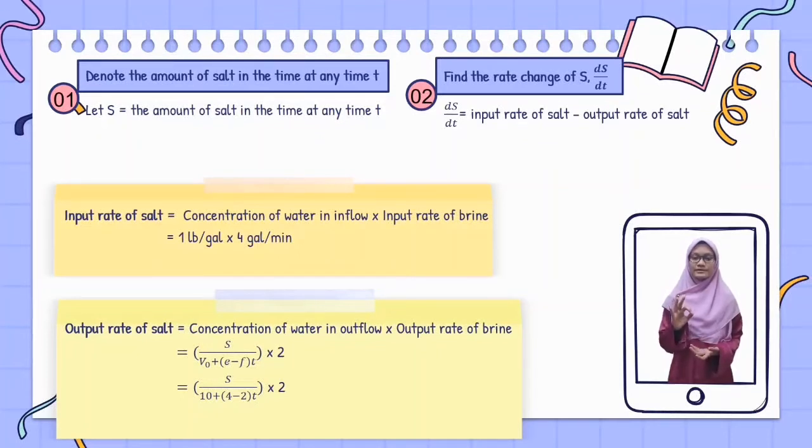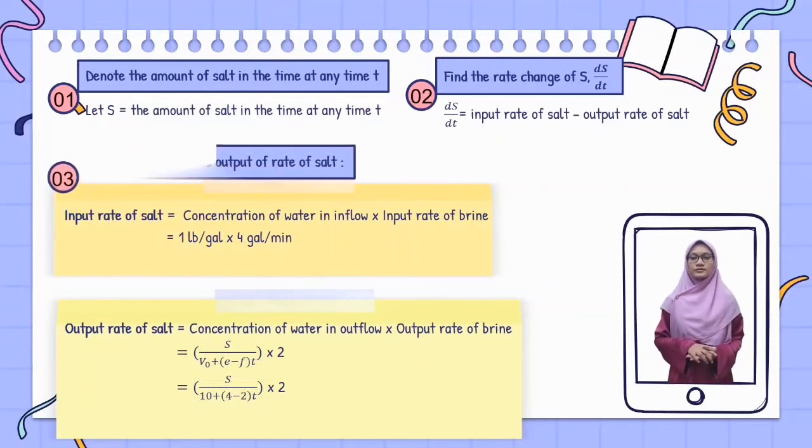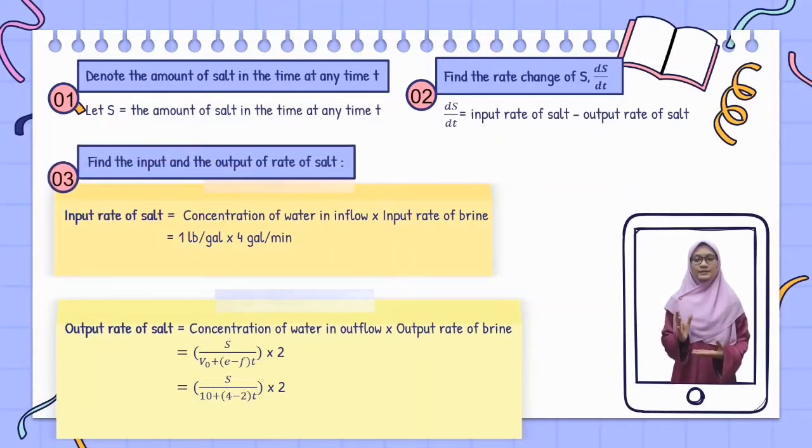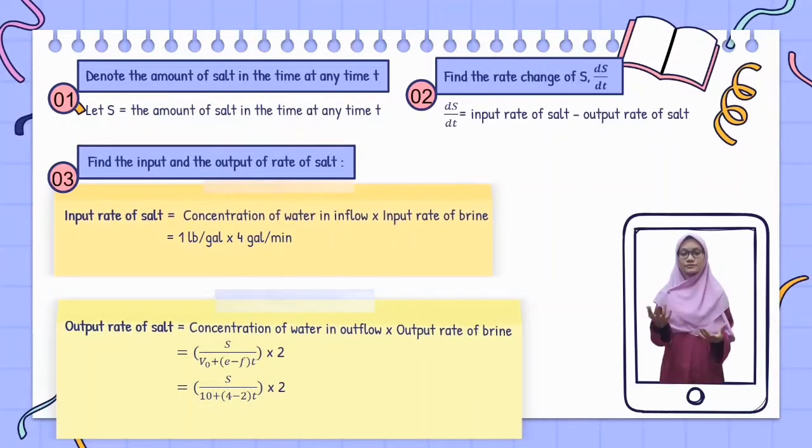The third step is we need to find the input and output rate of salt. This is the formula for the input and output rate of salt. After we solve it, the input rate of salt is 4 pounds per minute. Meanwhile, the output rate of salt is S divided by 5 plus t.